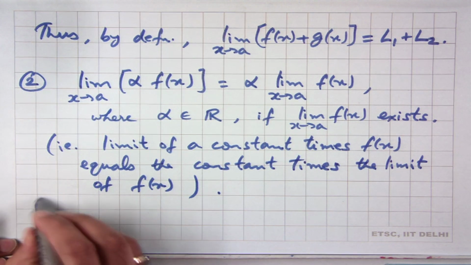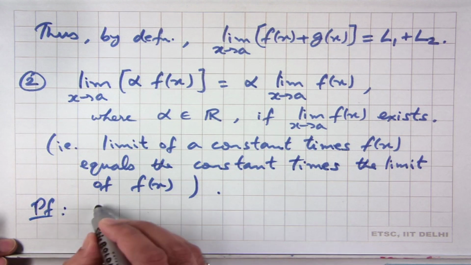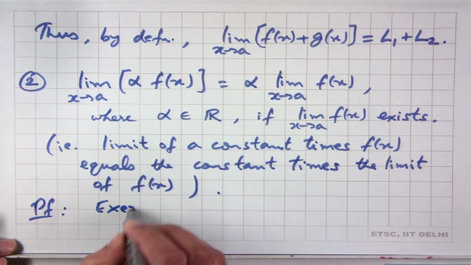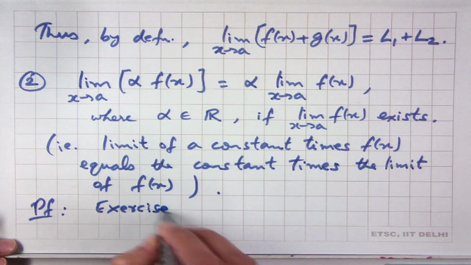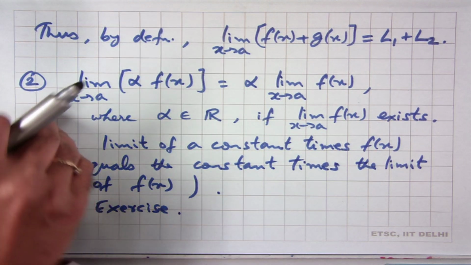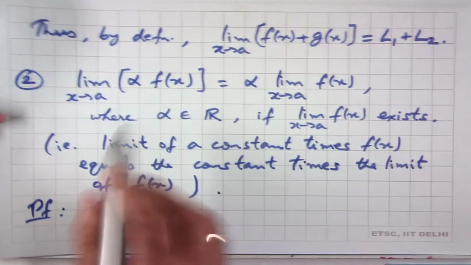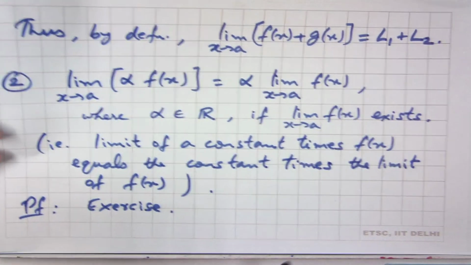Right. So, the proof we will not do, I will leave it as an exercise. So, again using the epsilon delta definition, you should try to find what is the delta which will work for this.